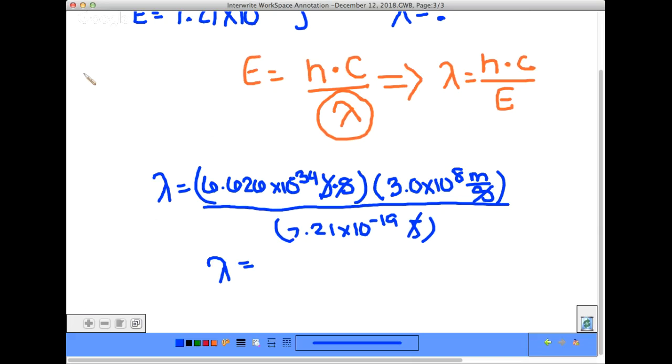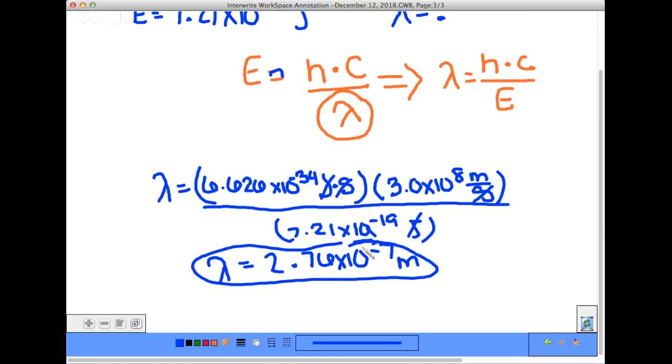Okay, to the negative 34th. And then we're going to multiply that by 3 to the 8th. And then we're going to divide that. Oh, this answer looks better already. And we get 2.76 times 10 to the negative 7th meters. Awesome. Knew I did something wrong. All right, so there's that problem.